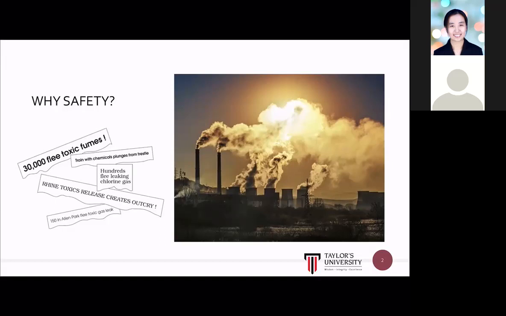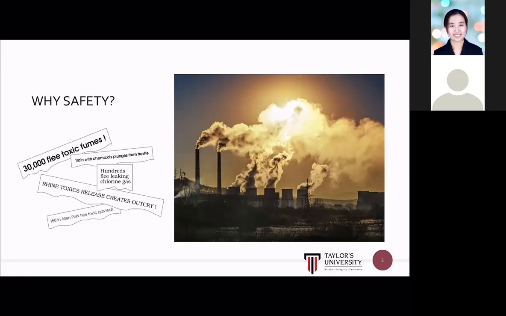So safety becomes the number one issue for all chemical engineers, because imagine that Taylor's campus is a chemical plant that stores hydrogen in a storage tank, and it goes boom.